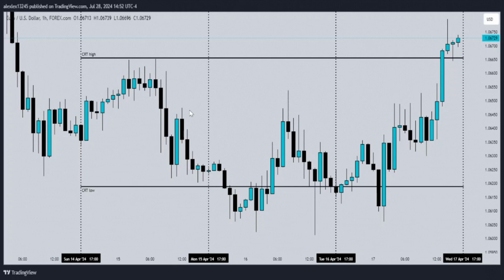So if you wait for a CRT formation in an area where you're anticipating either a reversal or a trend continuation, then CRT will be a great deal in helping you determine directional bias.